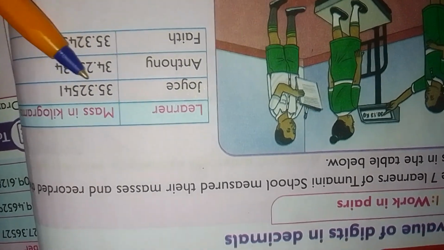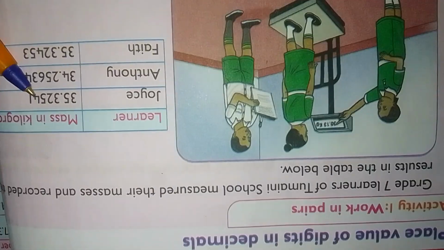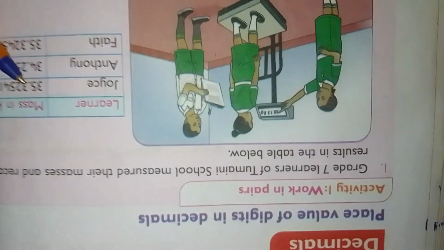This is the tenths, and the 2 is the hundredths, the 5 is the thousandths, the 4 is the ten-thousandths, and the 1 is the hundred-thousandths. That is how we follow concerning the decimal point.